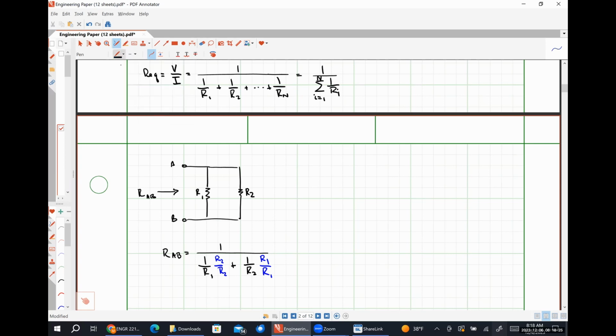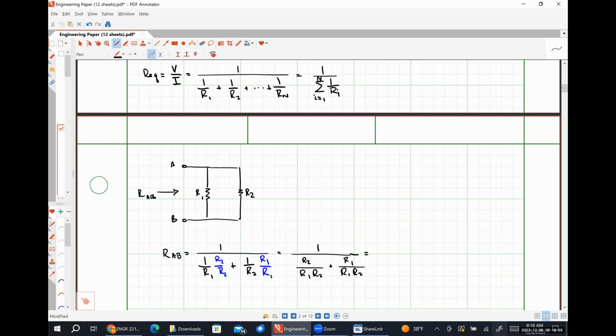What that's going to give me is 1 over R2 divided by R1 R2 plus R1 divided by R1 R2. So now I have a common denominator, which means I can just straight up add those two together, right?